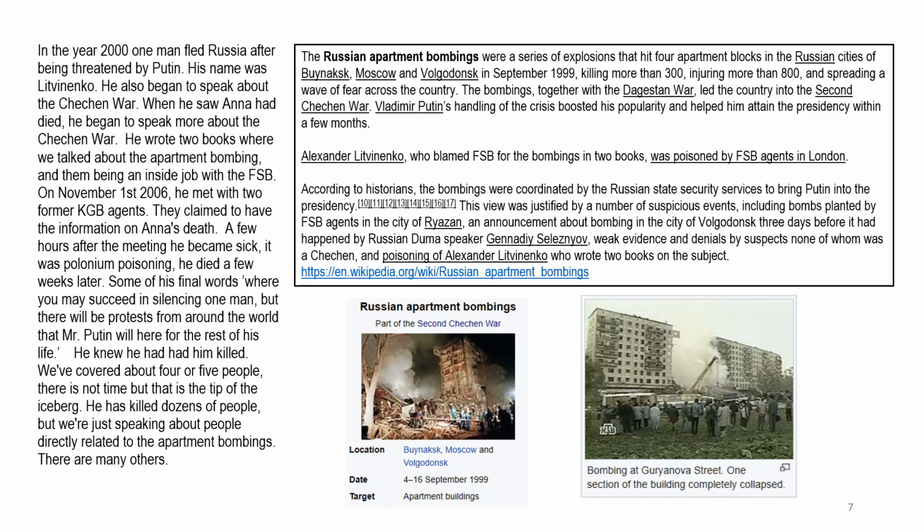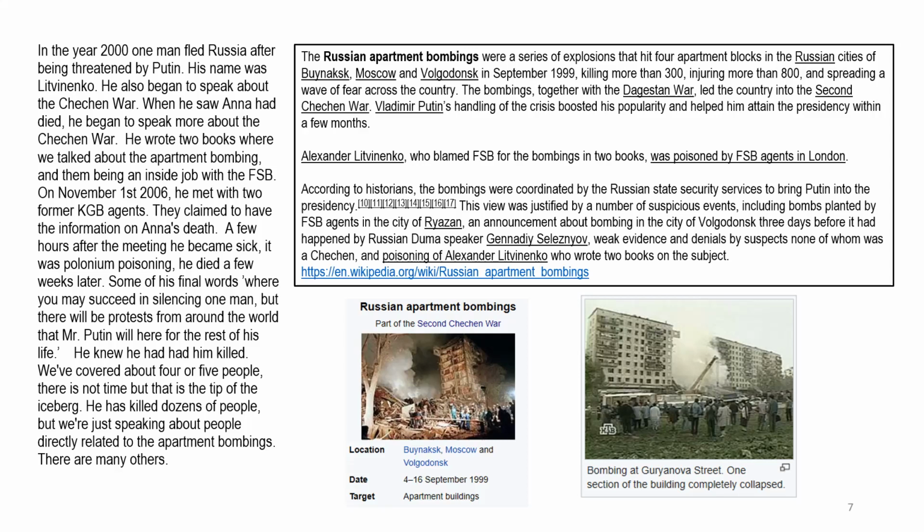The bombings, together with the Dagestan War, led the country into the Second Chechen War. Vladimir Putin's handling of the crisis boosted his popularity and helped him attain the presidency within a few months.